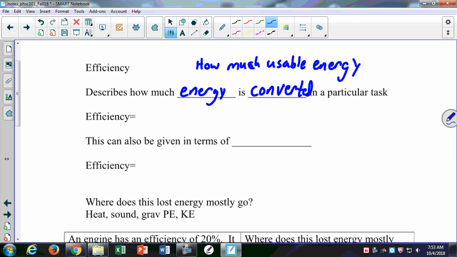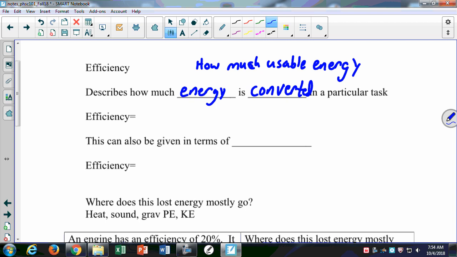Because you know how when you get new appliances, they have this stuff that tells you how efficient it is. Yeah, that's exactly what they mean. If they say that they're 80% efficiency, that means that if the electric motor uses, say, 100 watts of energy, 100 joules per second of energy, then you're going to get out 80 joules per second, 80 watts. That's your usable energy that you get out.